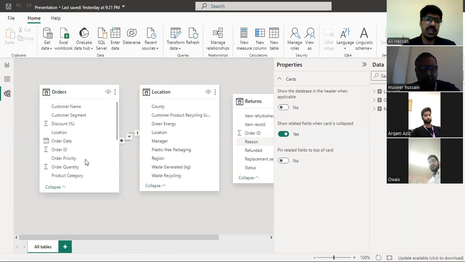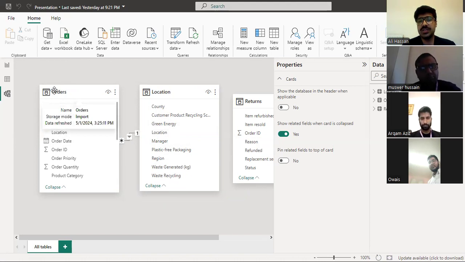You can see there is a relation between these two tables because there is a same variable in them, that is location. The word location in this table is a primary key, and the word location in orders is considered a foreign key.